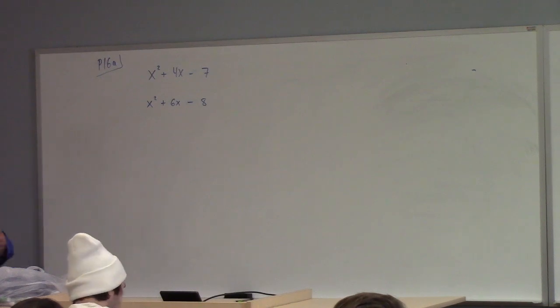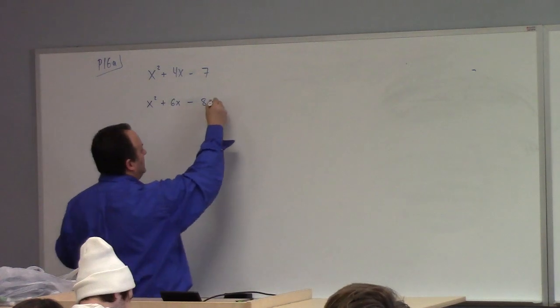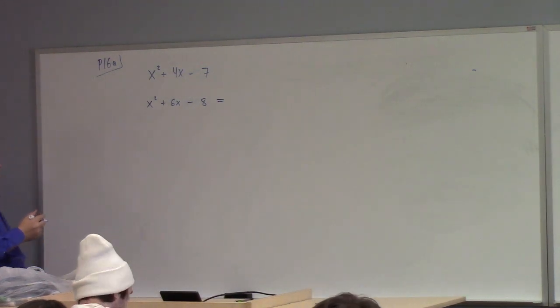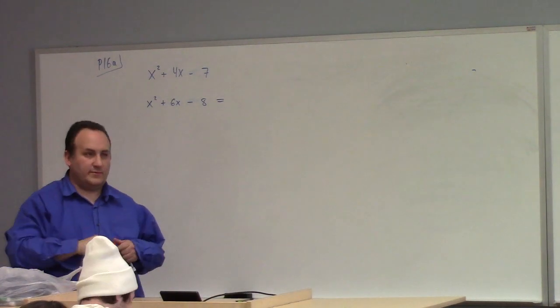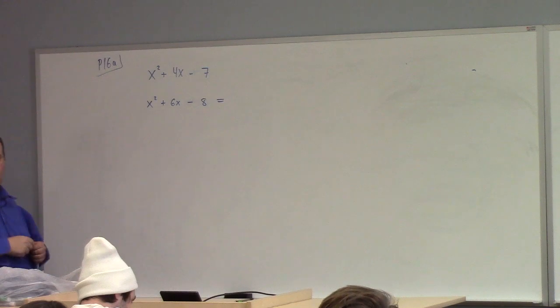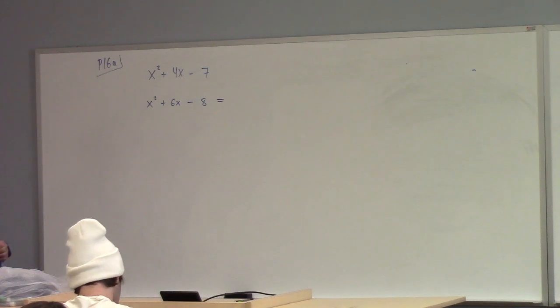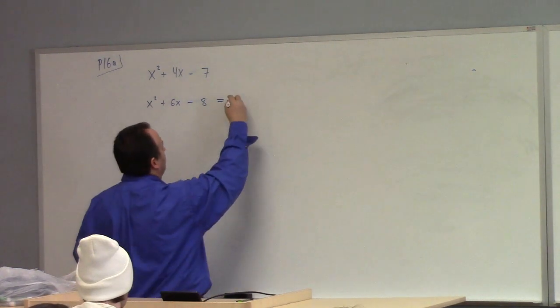So the question says complete the square. All right, so how do we complete the square? What we look for is x plus 6 over 2, squared.